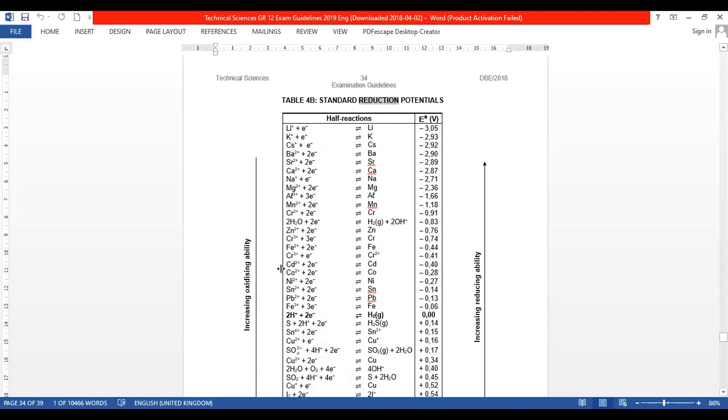It's that of reduction potentials because the E0 values there actually tell us, to put it simply, how much a particular substance loves to undergo reduction. So the lower the E0 value, the less likely the substance will undergo reduction.